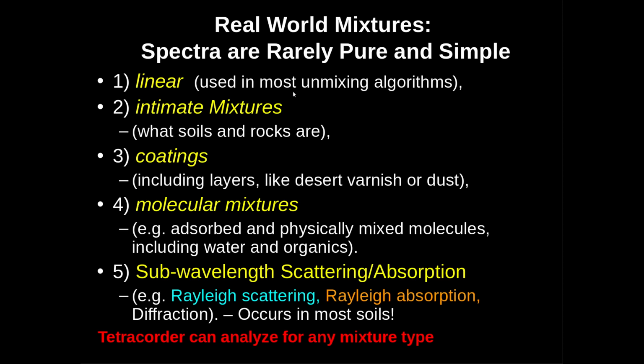Tetracorder, however, can use all of these conditions, including molecular mixtures. We just need reference spectra that are representative of what those mixtures look like. And same with coatings. For example, we have hematite coatings on rocks, so we can map a hematite coating. And of course, we have lots of intimate mixtures, and we've constructed linear mixtures to try and bound the problem.